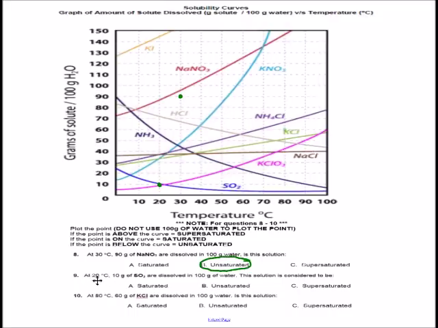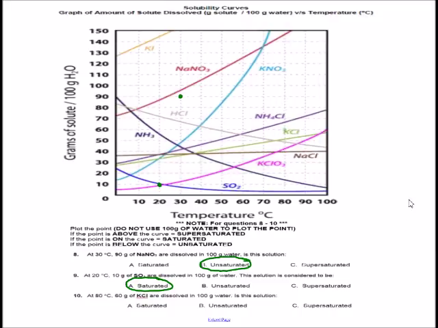Now, for number 9, at 20 degrees Celsius, 10 grams of sulfur dioxide are dissolved in 100 grams of water. This solution is considered to be what? Okay, so I'm going to go to 20 degrees Celsius. I'm going to go up to 10. 10 is exactly on that line for sulfur dioxide. So I'm going to say that is saturated.